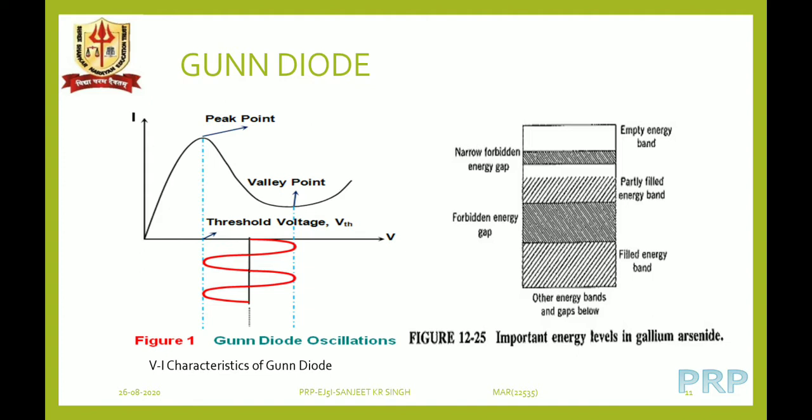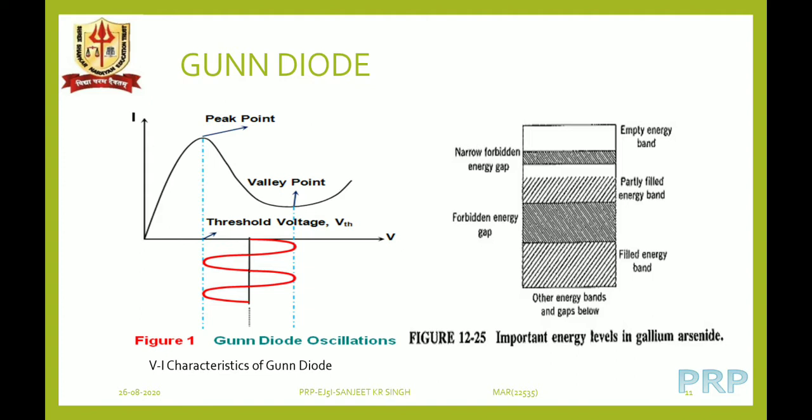So what actually is happening inside the Gunn diode can be understood with the help of the energy level diagram in the adjacent figure. In the n-type material, the loosely coupled valence electrons will jump from a lower energy level to a higher energy level in the conduction band.